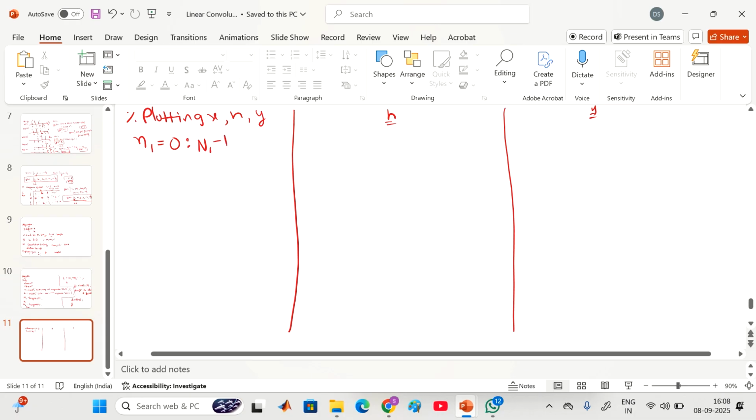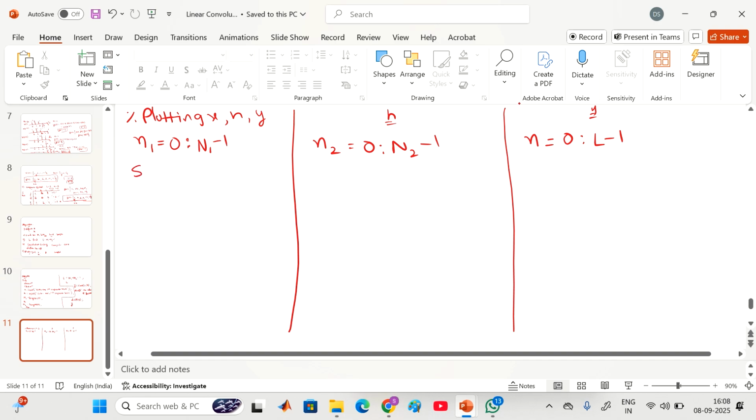In the first sequence we have 4. Then what about the second sequence? We have only 3. So for that purpose n2 should be 0 to n2 minus 1. Now the same in terms of y. The output sequence will again change, right? So for the output sequence we have given the starting index n. What is the n value? 0 to L minus 1.